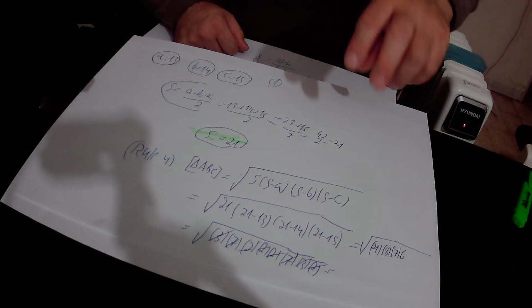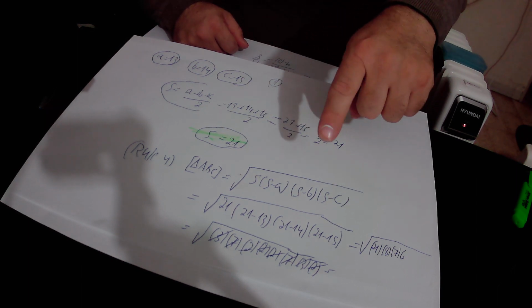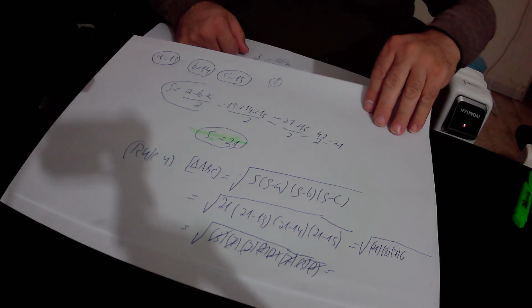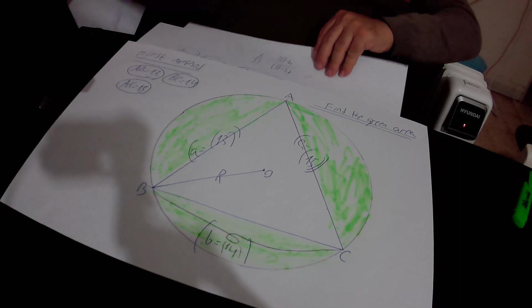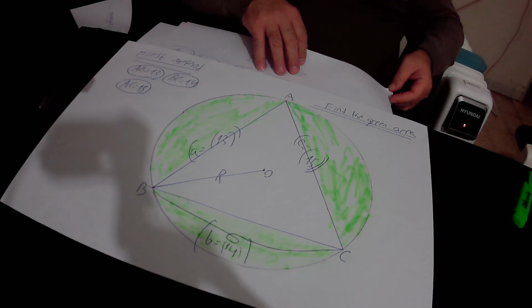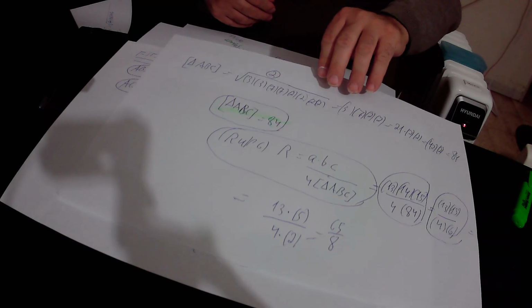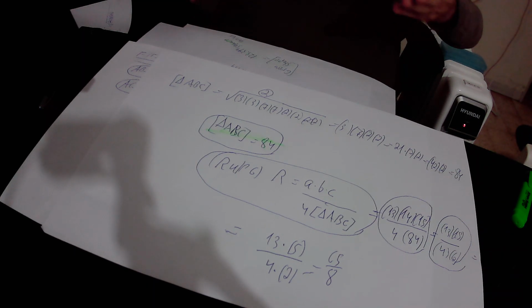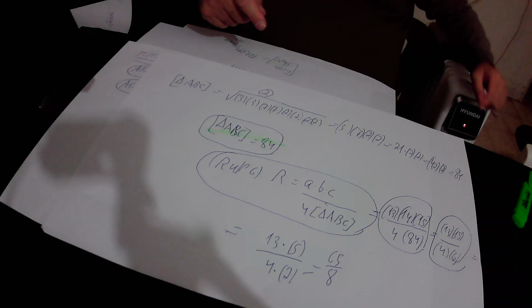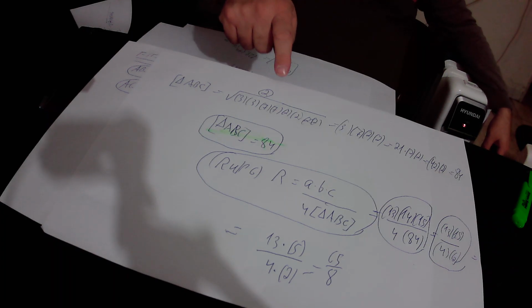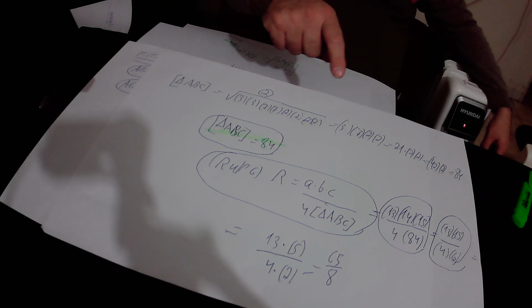Then we change the order of the numbers inside the root, and found out that the area of our triangle ABC according to rule number 4 equals the square root of 3 times 3 times 7 times 7 times 2 times 2 times 2 times 2.